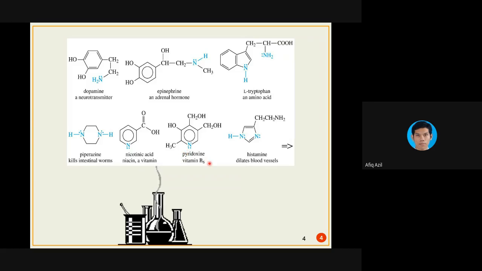Then we have pyridoxine, vitamin B6, and also histamine, another compound that is available in our body, which dilates blood vessels.